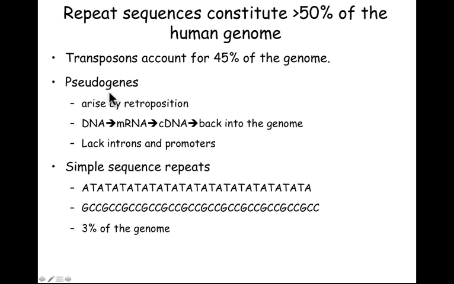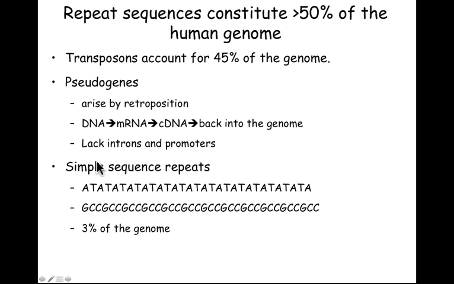One of the ways to recognize a pseudogene is that it's not going to contain introns or promoters, because the pseudogenes came from reverse transcription. So the messenger RNA lacks the introns and never did contain the promoter sequences. When this gets transferred back into DNA and goes back into the genome, it won't contain these sequences anymore.